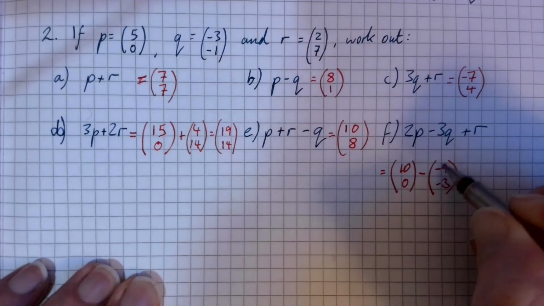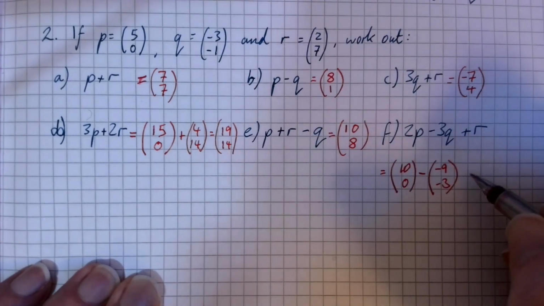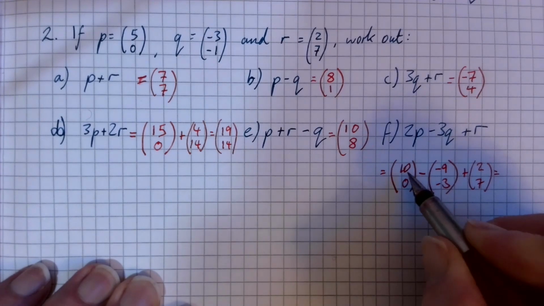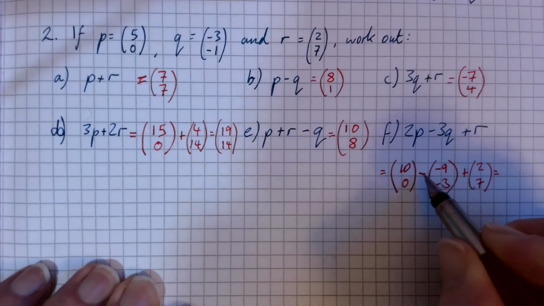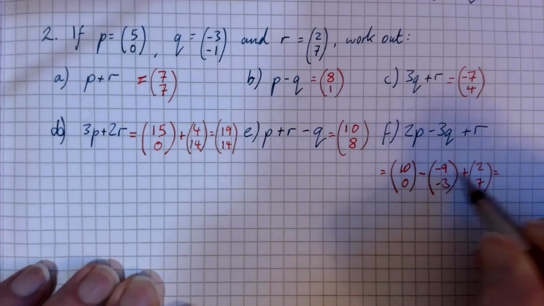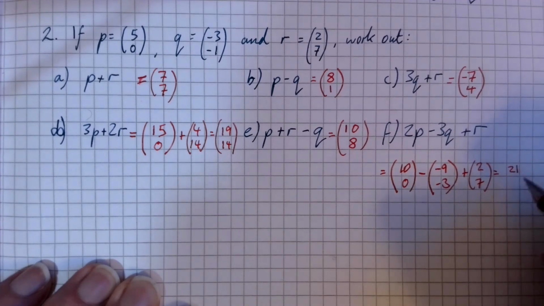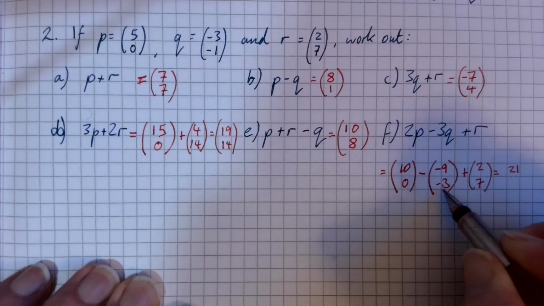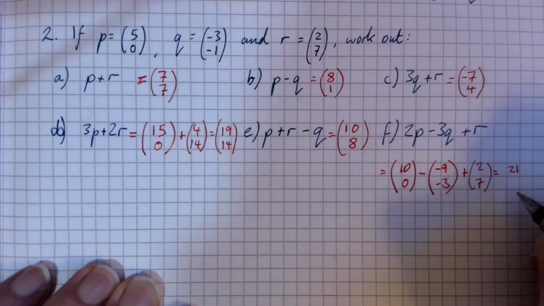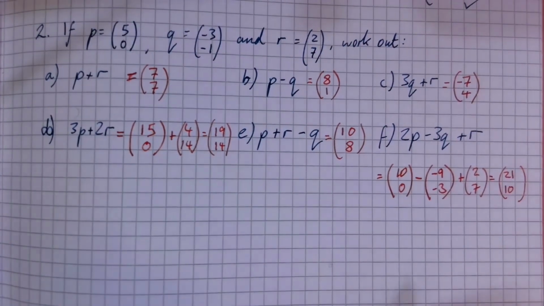It might have been simpler to times them both by negative, but you could have done that. And then we'd be adding 2 and 7 at the end. 10, take a negative, so that's plus. 10 plus 9 is 19, plus 2 is 21. 0 plus 3 plus 7 makes 10. So 21, 10 is there.